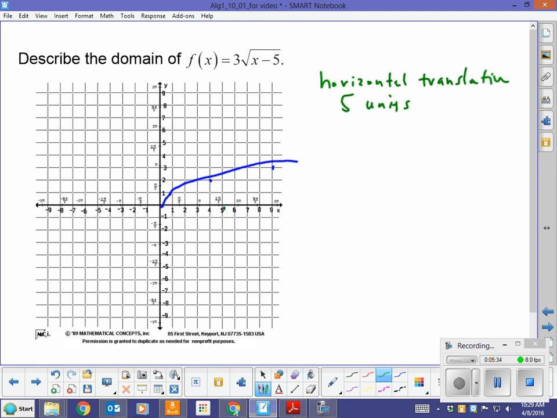So this point becomes this point. Now my graph is going to be something like that. And then I'm going to multiply the output by 3, so it's going to be a vertical stretch by 3.